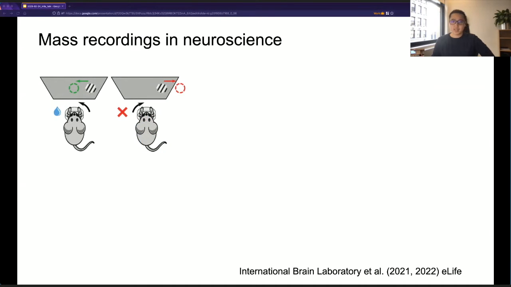But in neuroscience, large collaborative efforts are now producing massive data sets comprising several dozen animals. Actually, at this point, I think it's even over 100. So what I'm showing you here in the diagram is a simple decision-making task where a mouse is trained to steer a little Lego wheel left or right, depending on a presented stimulus.